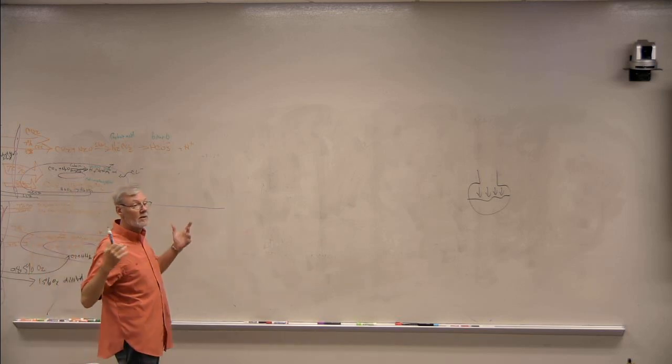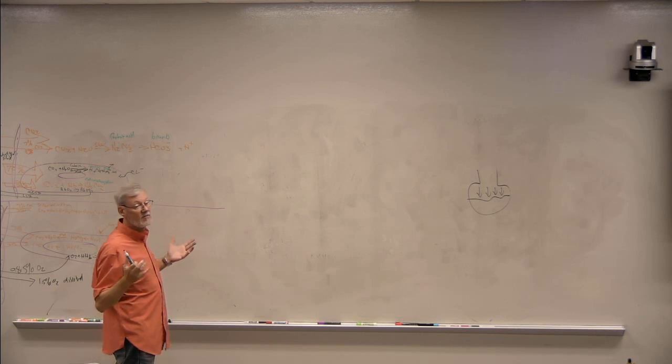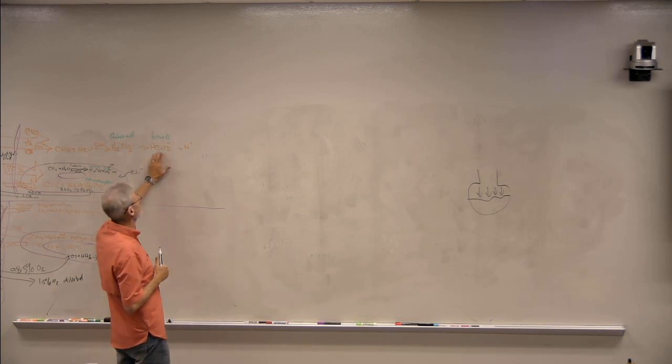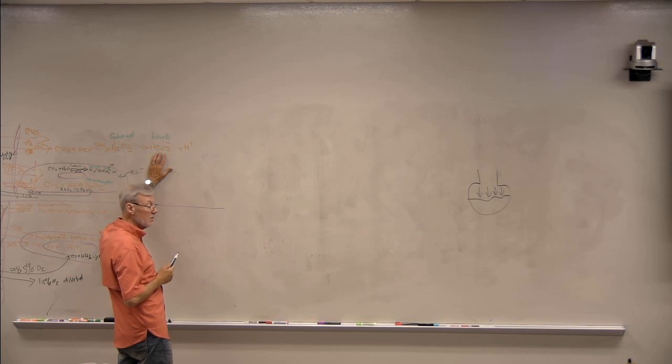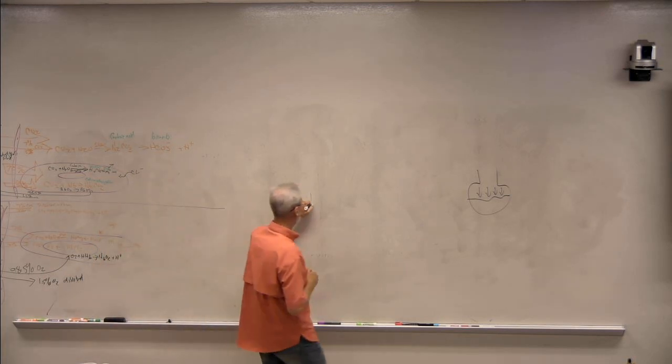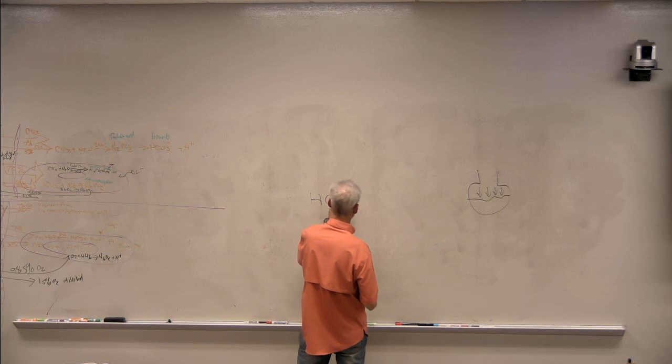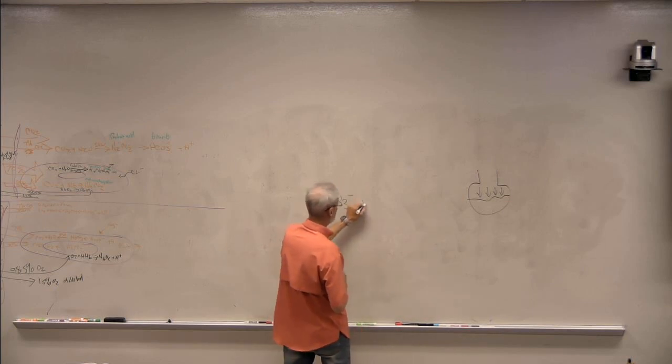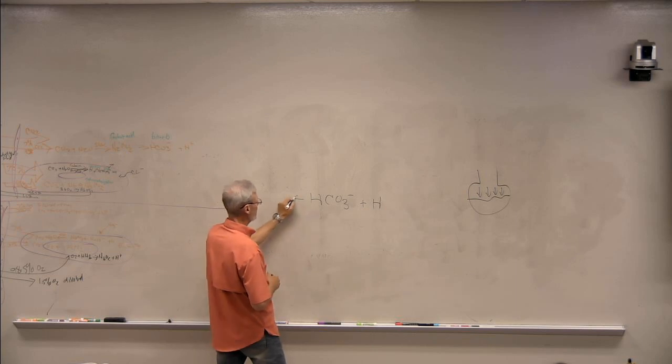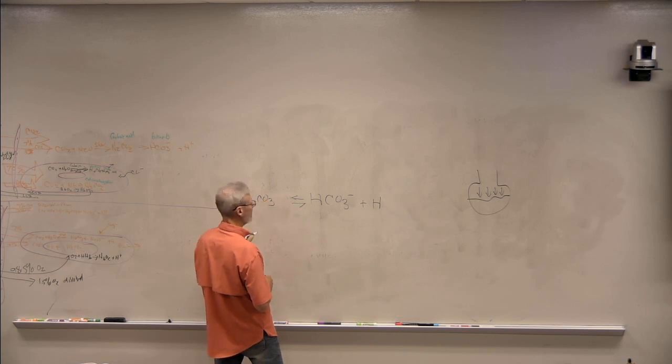There are, I forget, 5 or 6 blood buffers, but the main one is this bicarb. Because bicarb is very unique, right? Because bicarb, HCO3 minus plus H, comes from H2CO3, okay?